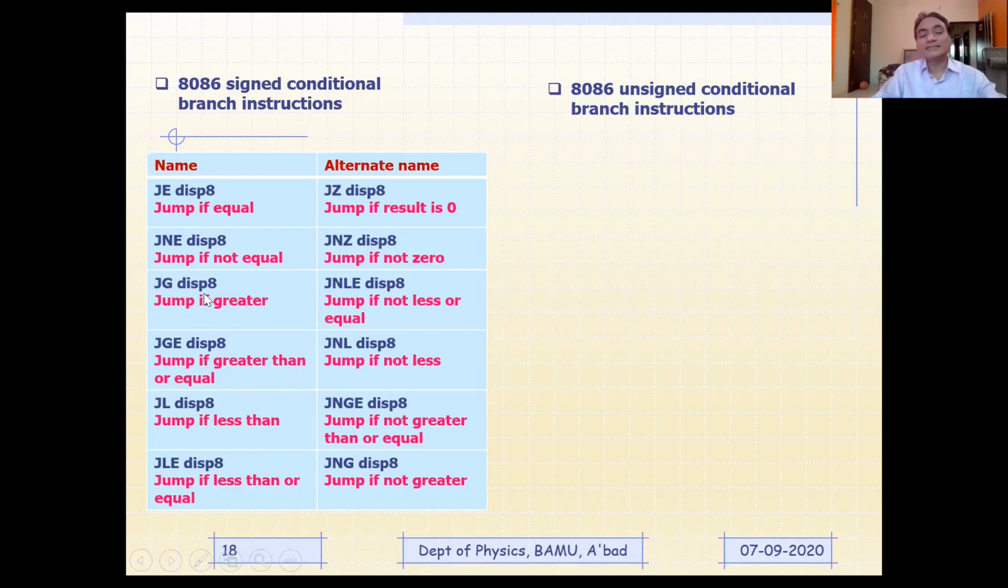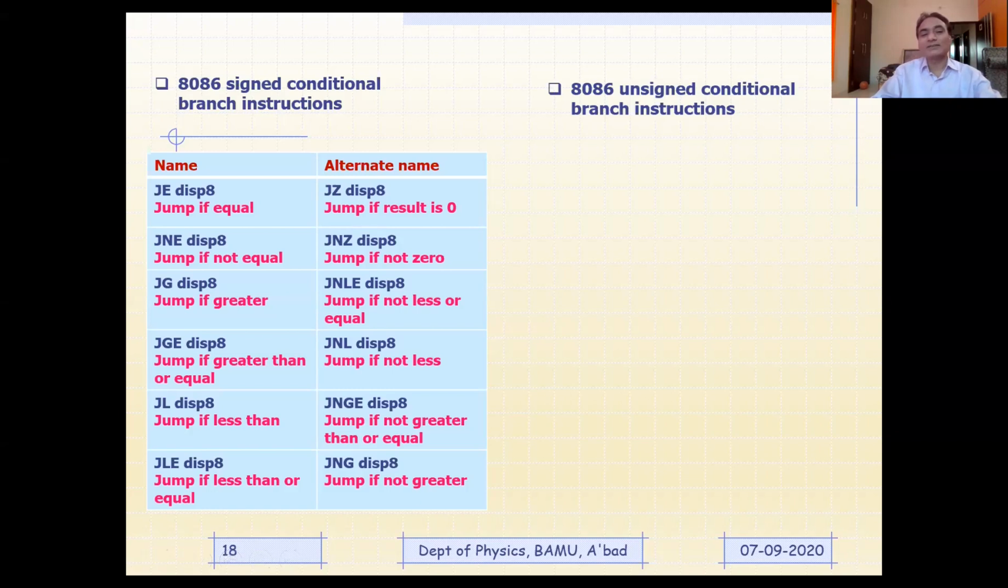Essentially, these instructions can be used after a compare instruction. And as an alternate name, JE can be considered as JZ, jump if the result is 0.